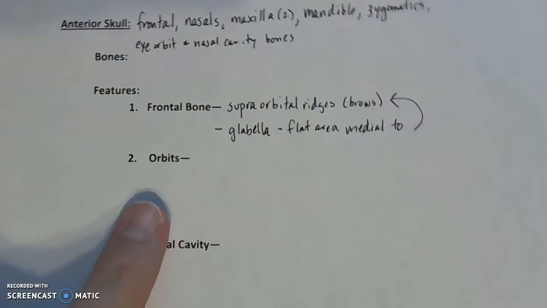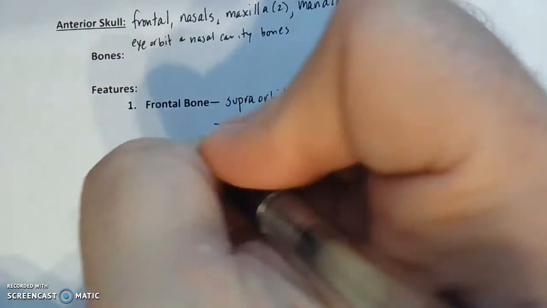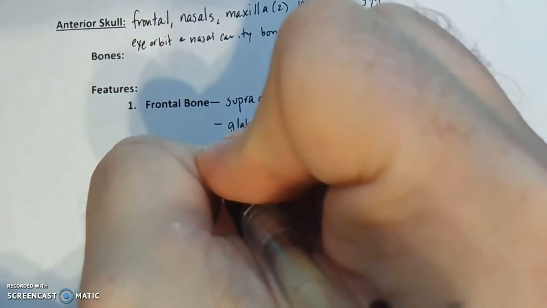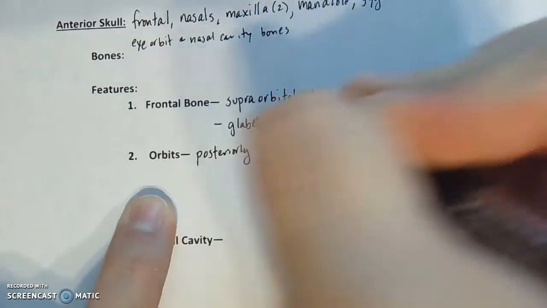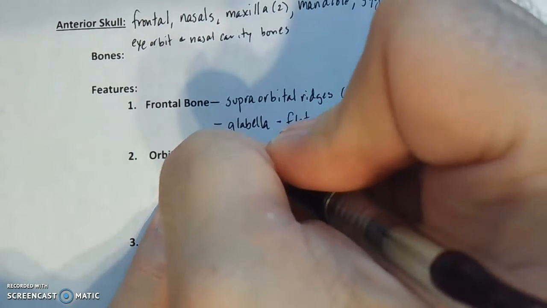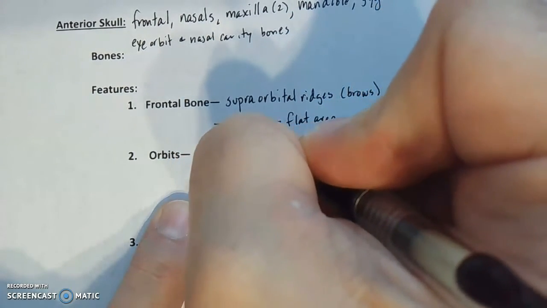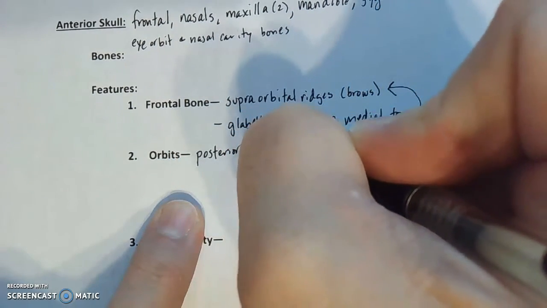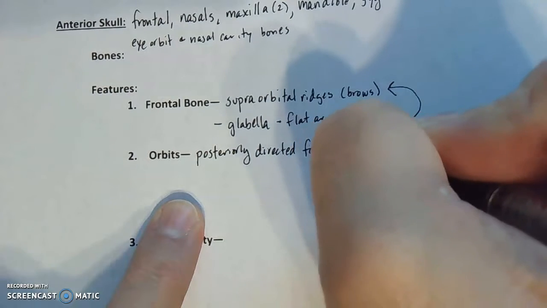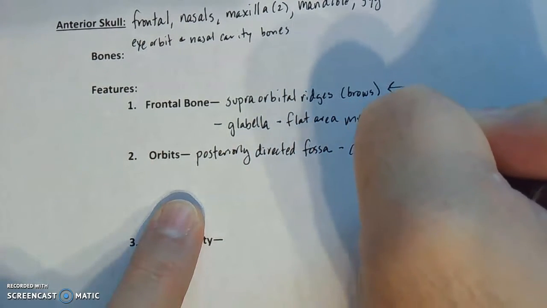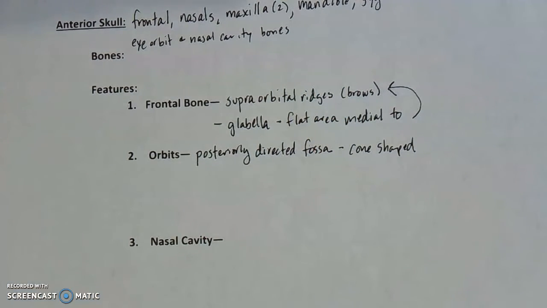And if we look at the orbits, we can see that it is a posteriorly directed fossa, and it's actually cone-shaped. It's not round like most people think it is.